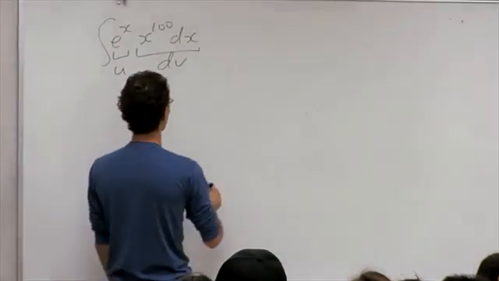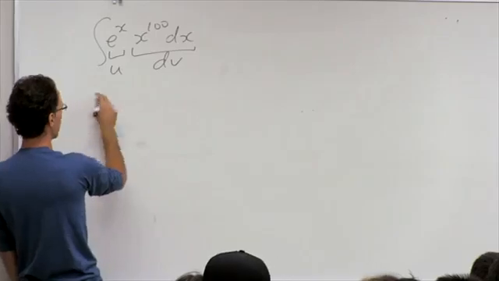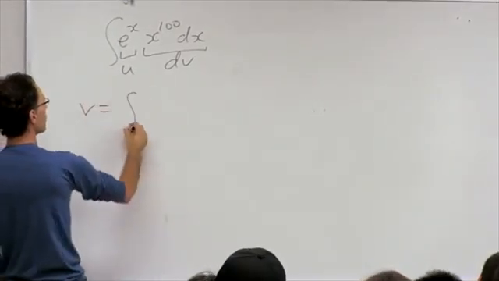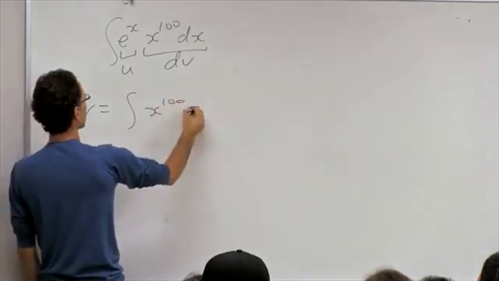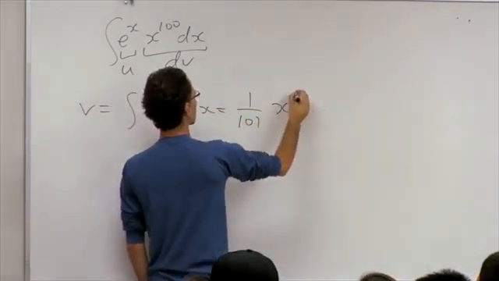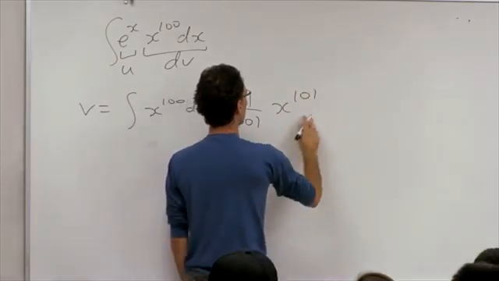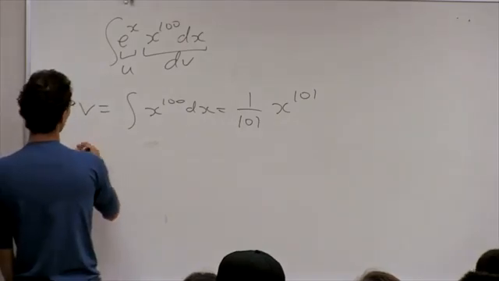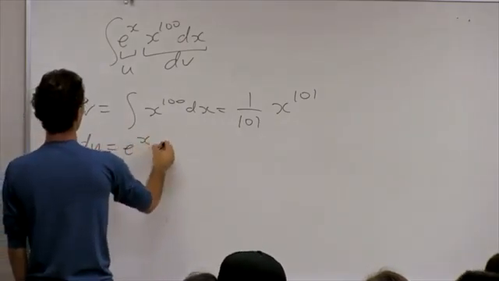Yeah, exactly. So if you do this exact choice of integration by parts, then v would be the integral of x to the 100 dx, which is 1 over 101 x to the 101 plus some constant, but let's let that constant be 0. And du is e to the x dx.